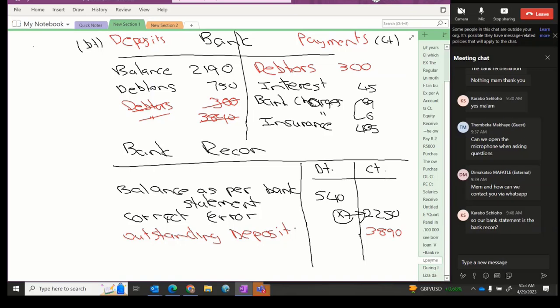Just make sure, if you get a statement, where it appears already. Did you do it in your books, or is it appearing in the statement? And wherever it's not appearing, you just have to change it. If you remember that principle, then bank recons is actually quite easy to do.